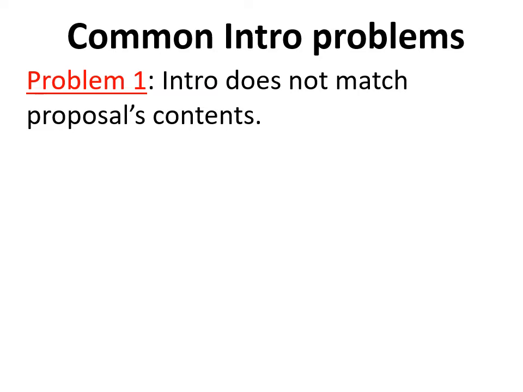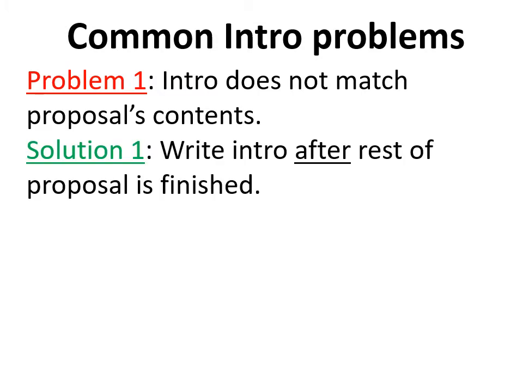The first problem, and this is not a problem that only happens in this course, it's a problem that happens whenever people write introductions, is that the introduction in the research proposal does not match the proposal's contents. What is the solution for this?